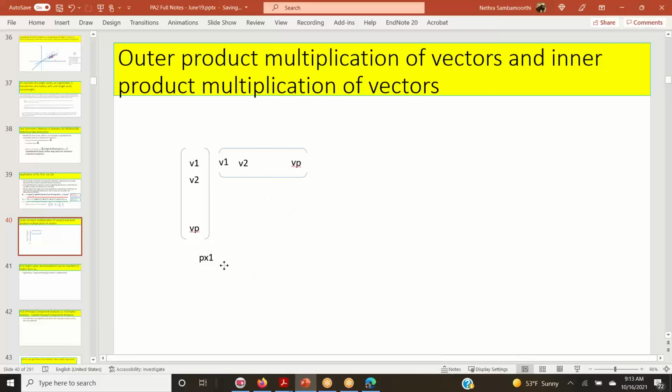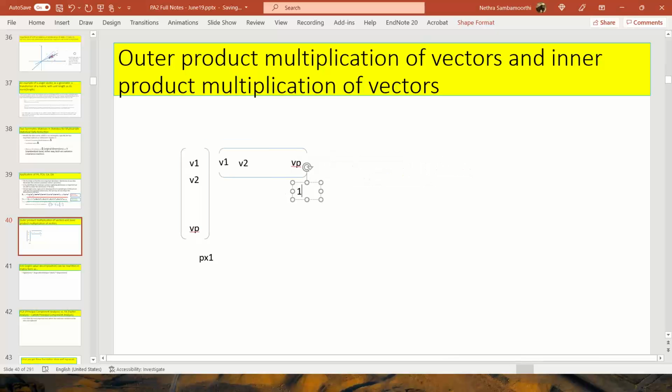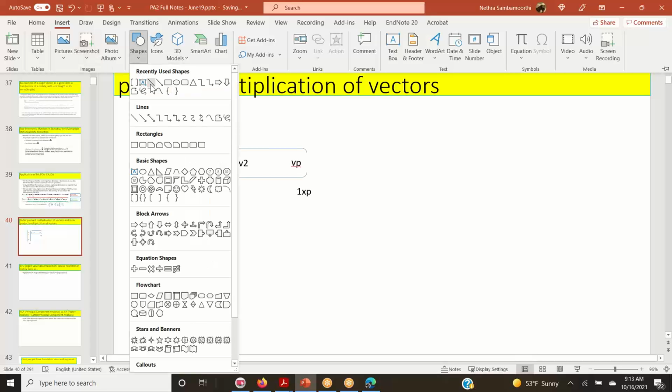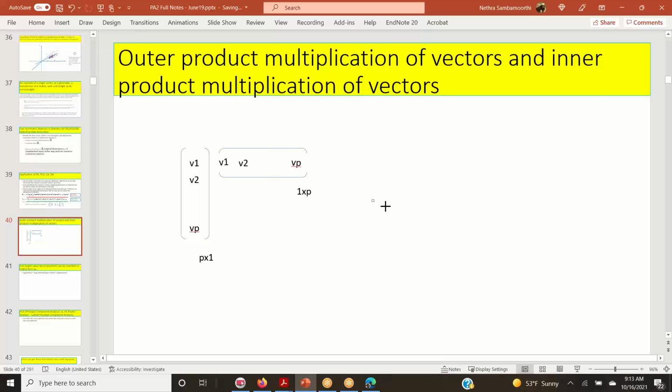And this one is, can somebody say that? 1 by P. Excellent. So what will the product output be? Will it turn again into 1 by P? No. You are very close. Yesterday we did 1 by 2 and 2 by 2. That turns into 2 by 1 maybe, or 2 by 2.